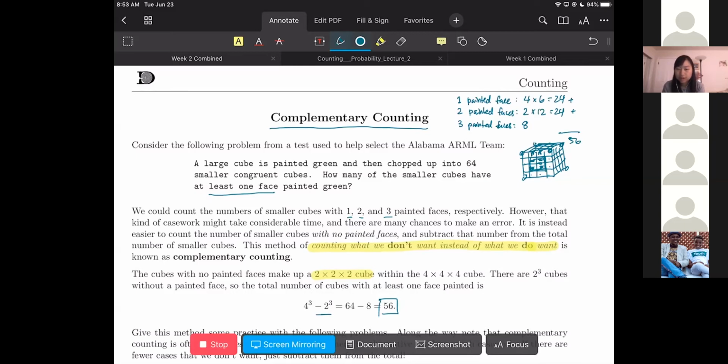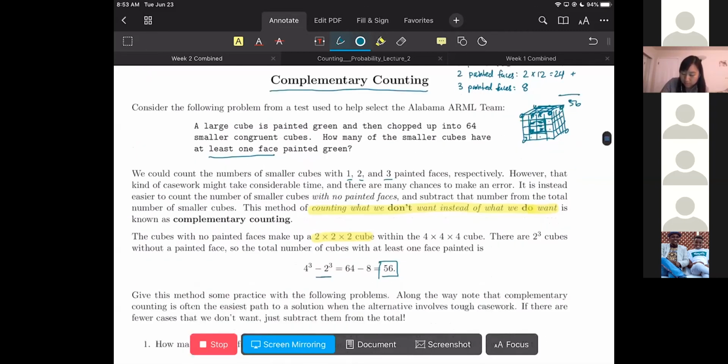Right, right. Yeah, so the reason we subtracted 8 is because the part that has no painted cubes is this 2 by 2 by 2 cube that's in the middle of the 4 by 4 by 4 cube, if you can visualize that.